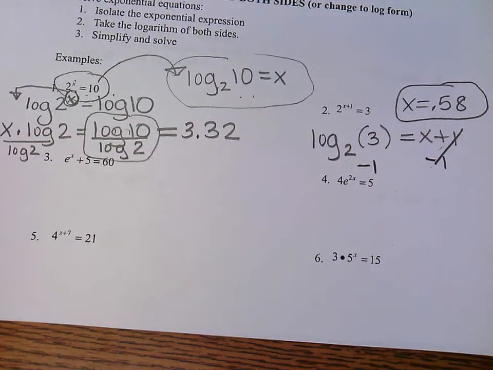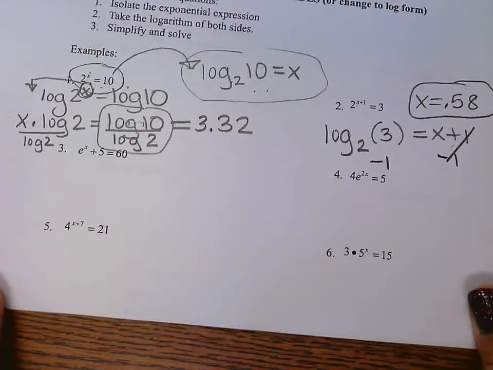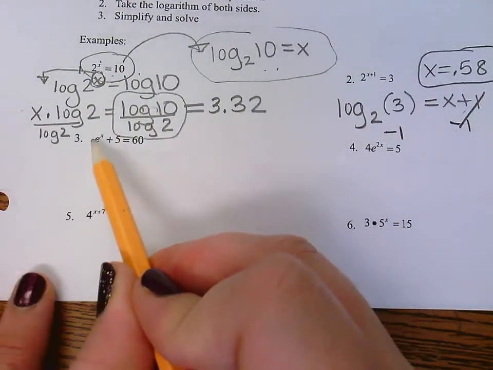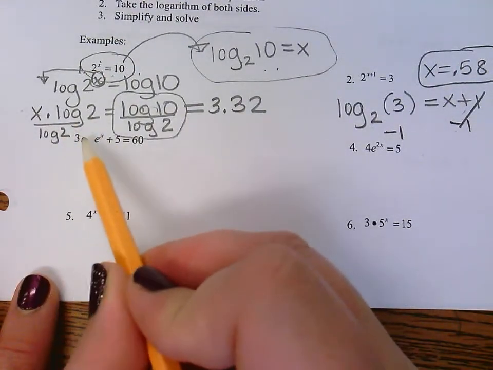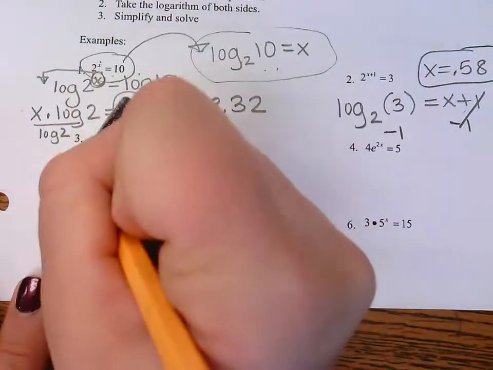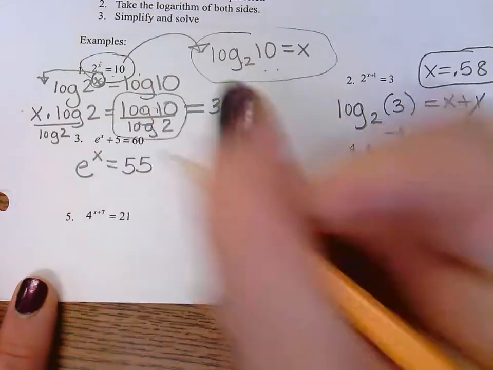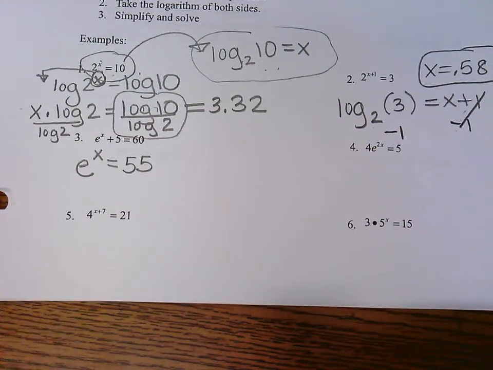All right, let's do number 3 maybe together, and then maybe you try 4, 5, 6. On number 3, you have to get e to the x by itself before you start solving anything. So e to the x power equals 55, because I subtract 5 from both sides of the equation.